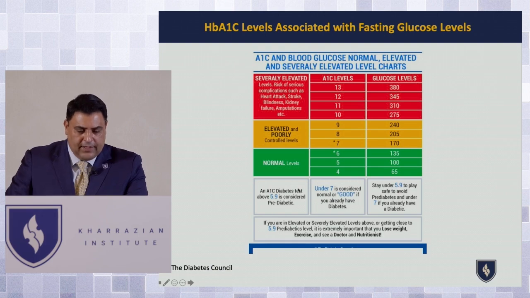So here's a chart that shows you how HbA1c levels correlate with blood sugar control. So you can see someone, for example, who has blood sugar levels of 170 typically has an HbA1c around 7. So there's some associations between high blood sugar levels and glycation. However, you can have someone who has blood sugar levels of 135 and HbA1c of 9 because they have significant inflammation.